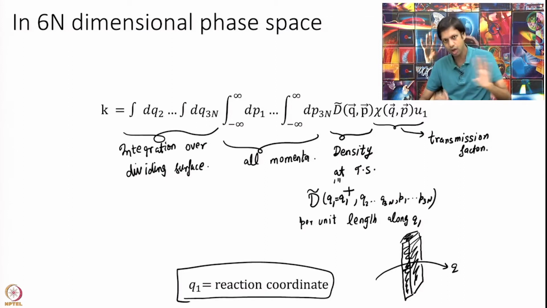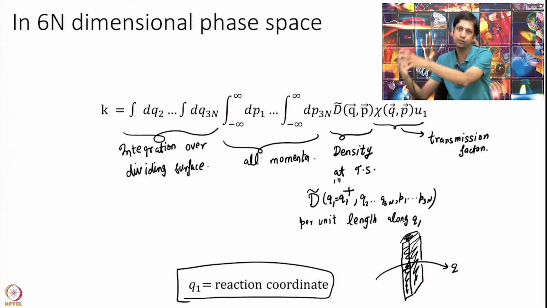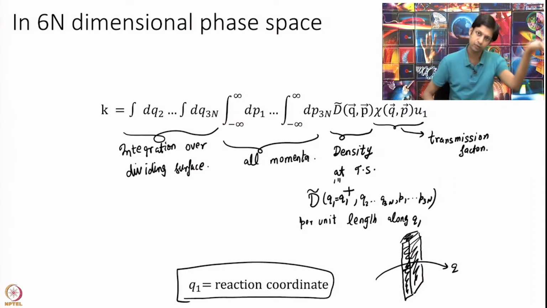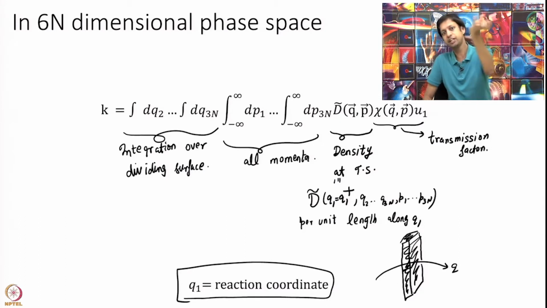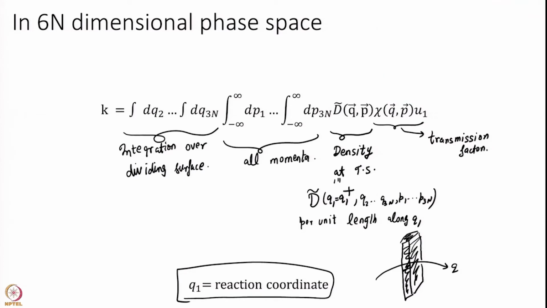So, we are only interested in the forward reaction of going from reactant to product and this chi tells me that this coordinate point q comma p, is it coming from reactant in the past and will it end up in the product in the future. And finally, this u1 equal to p1 over m is nothing but the flux, that is a technical language we use, but that basically tells me how many trajectories per second will go through.